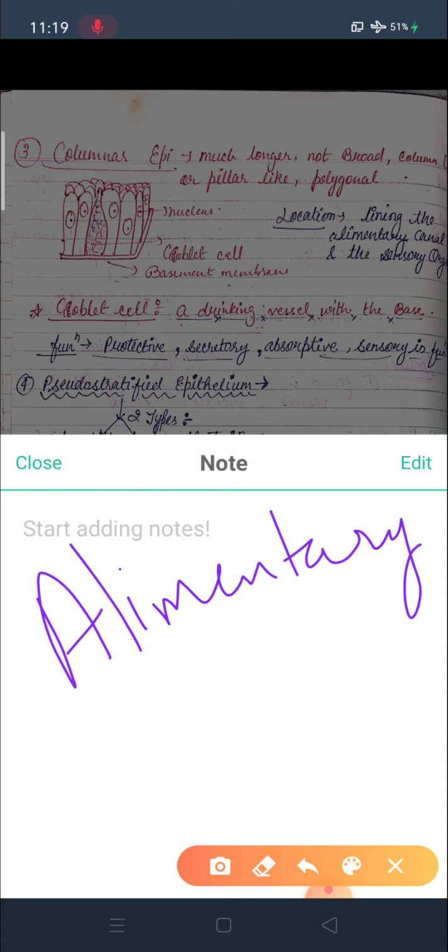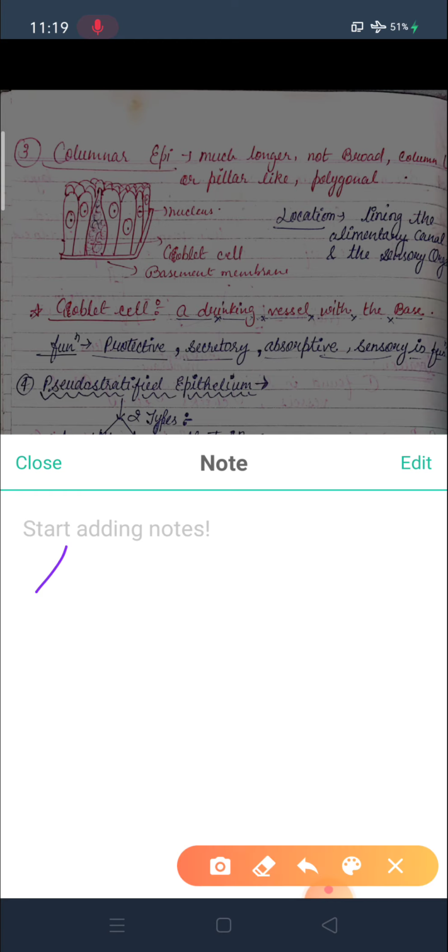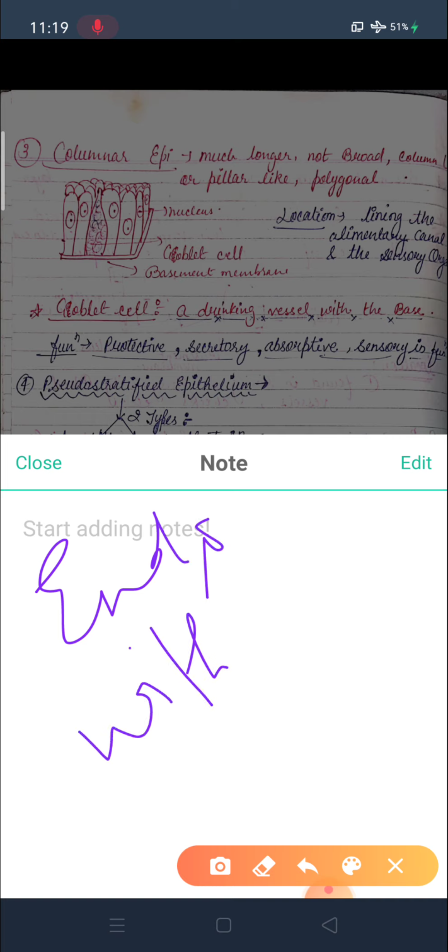Actually, alimentary canal starts from mouth and ends with anus.